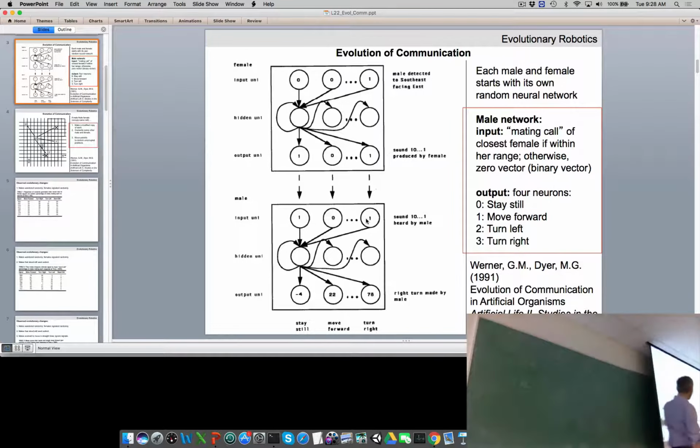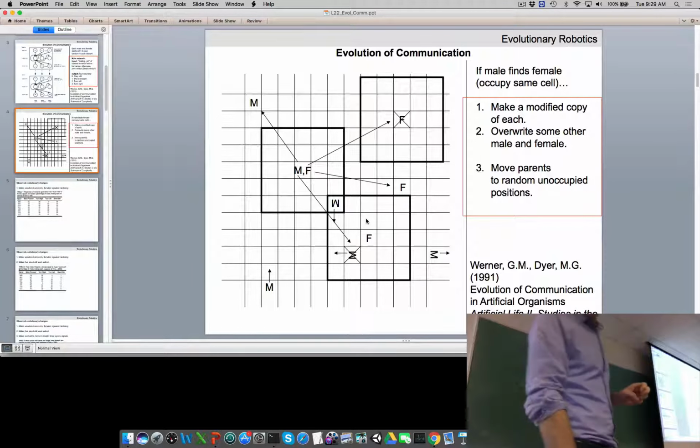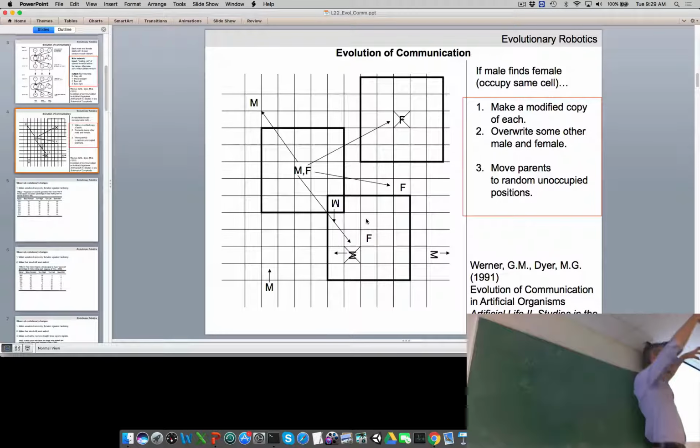The male's network is copied, or the synaptic weights associated with the male network are copied and mutated. That becomes the male child. The female child is a mutated copy of the synaptic weights from the female parent's network. Make sense? Okay.